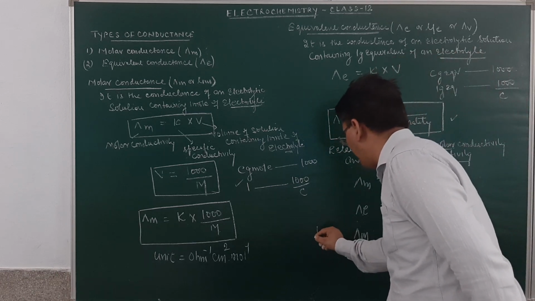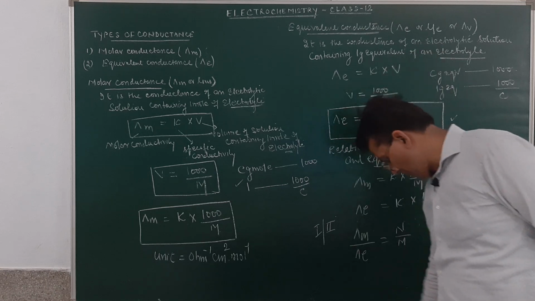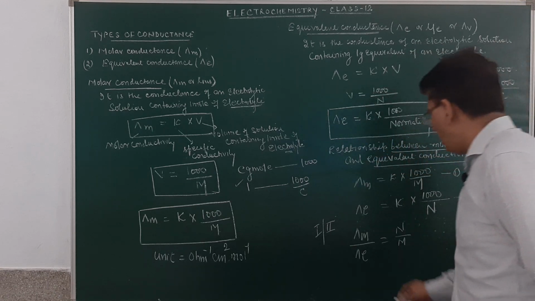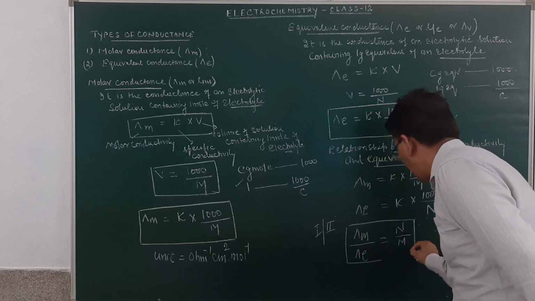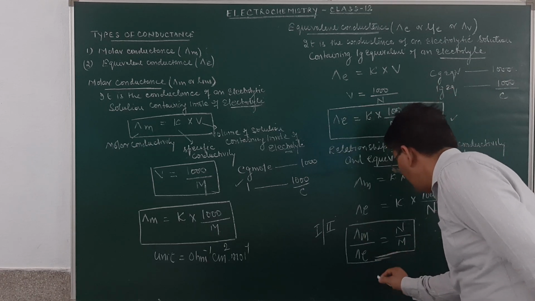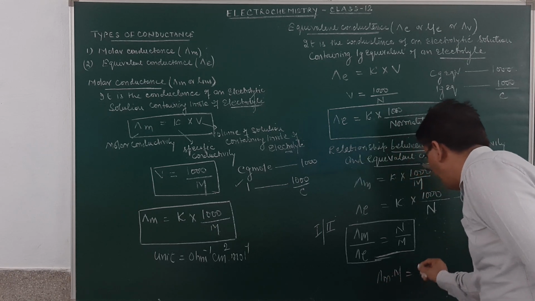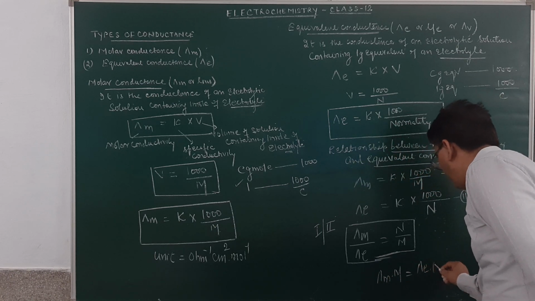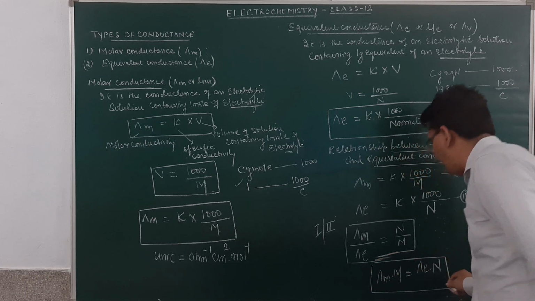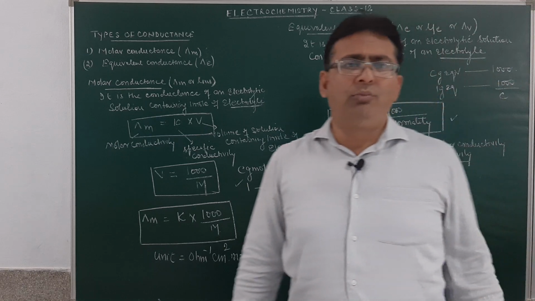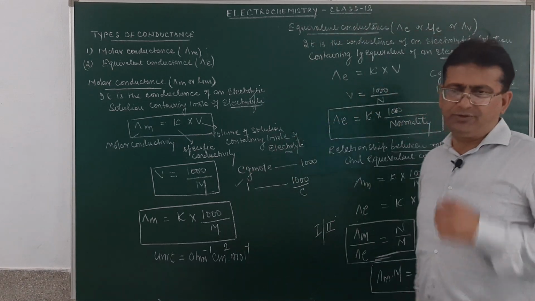Am I clear? Or we may write the relationship as cap M into molarity will be equal to cap E into normality of the solution. This will be the relationship between the molar conductivity and the equivalent conductivity of the substance.